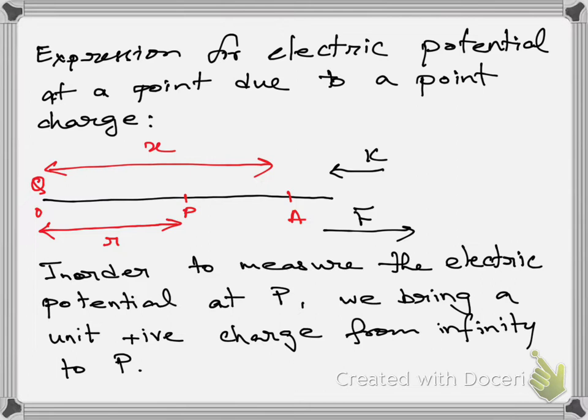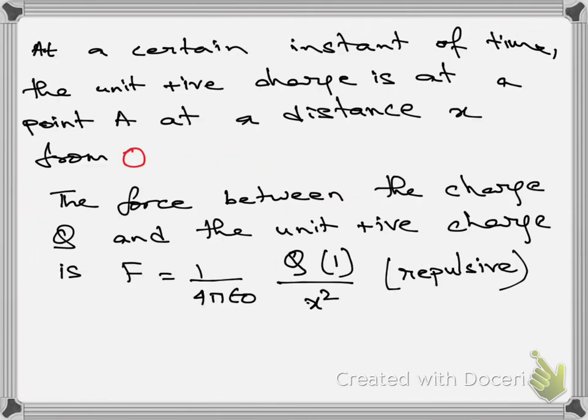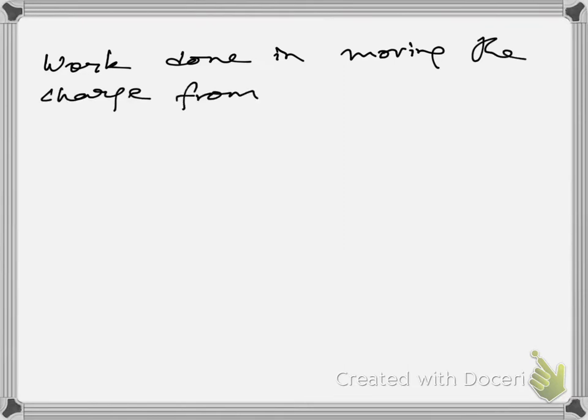Now if we want to bring the charge from the point A to the point P, which is separated by a distance dx, then the work done in moving the charge from A to B, separated by a distance dx, will be dW, because if the displacement is infinitesimally small, the work done should also be infinitesimally small, which is equal to F times dx.